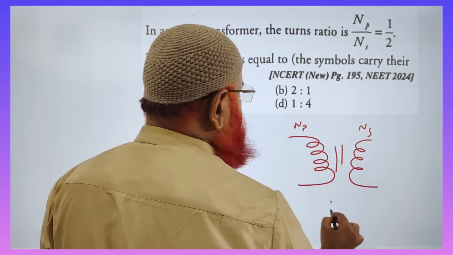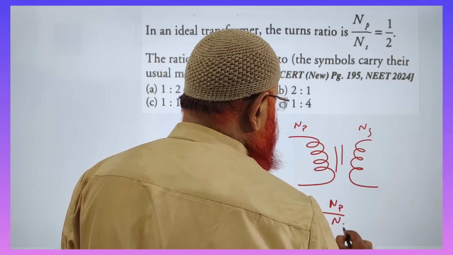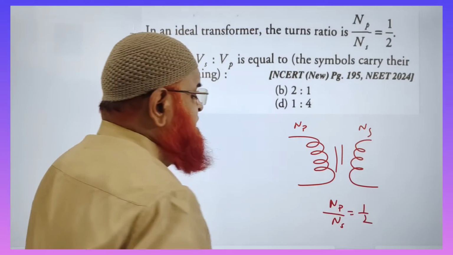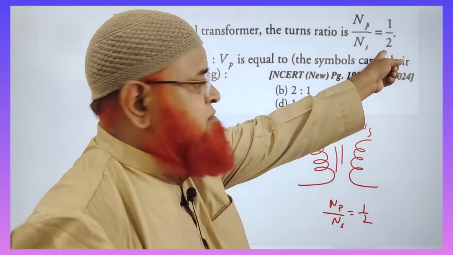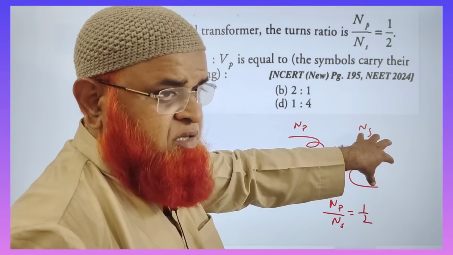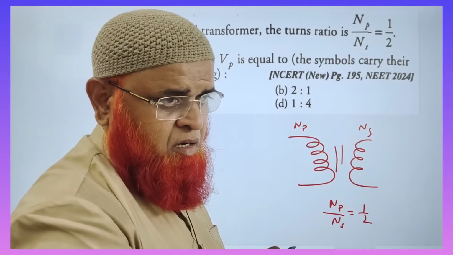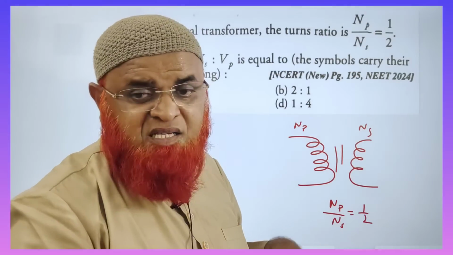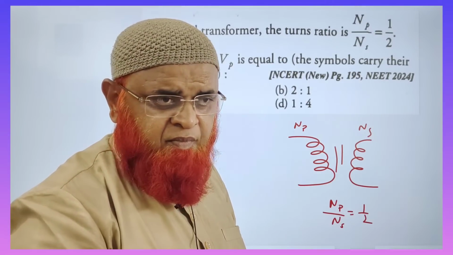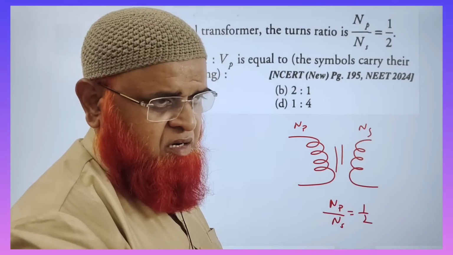N primary by N secondary is equal to 1:2. This means the secondary has larger turns. This is a step-up transformer. With this ratio, we can call it a step-up transformer.